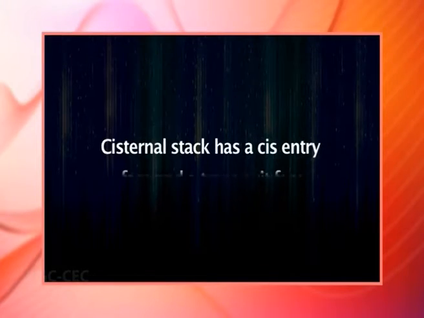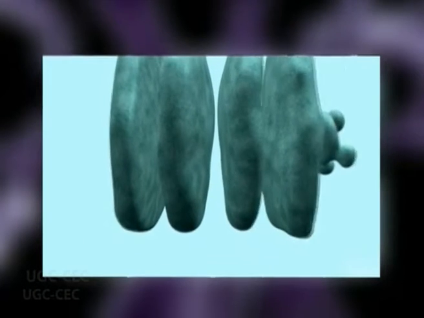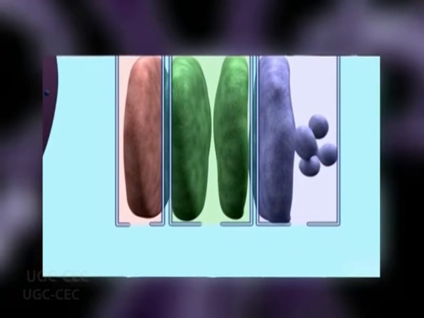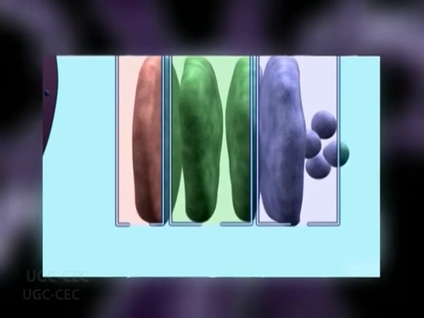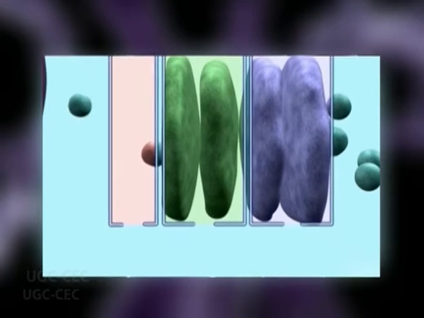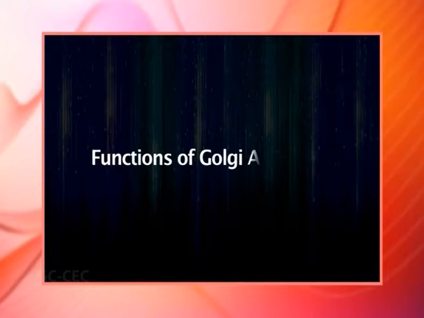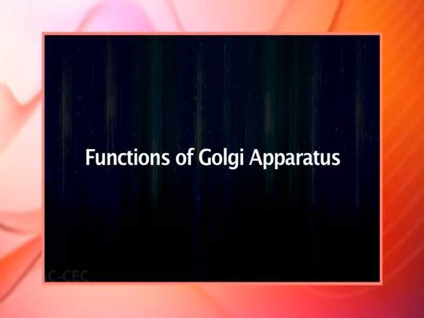In all eukaryotes, each cisternal stack has a cis entry face and a trans exit face. The compartmentalization of the Golgi apparatus is advantageous for separating enzymes, thereby maintaining consecutive and selective processing steps for protein formation.